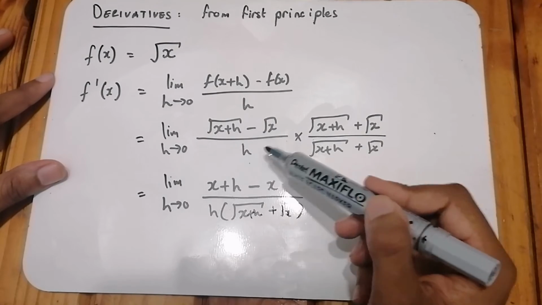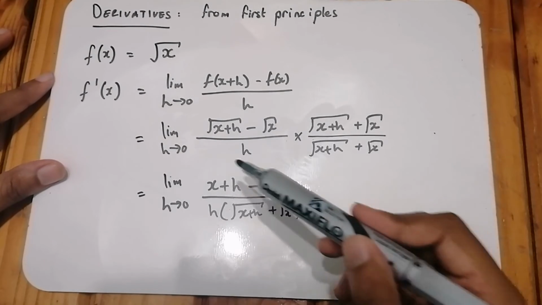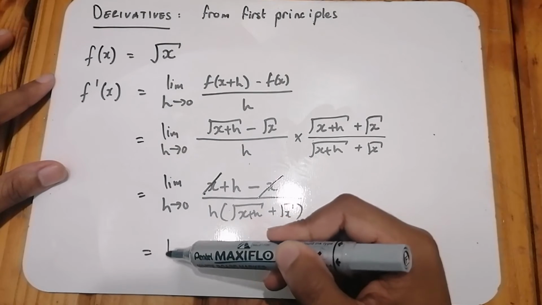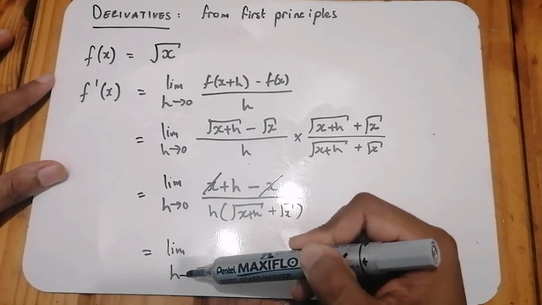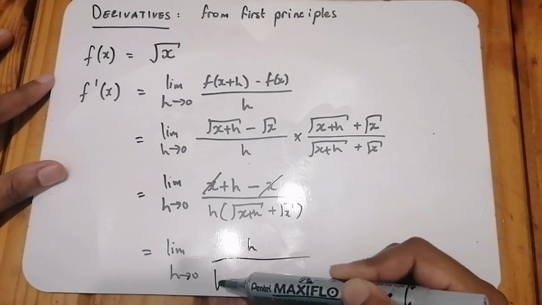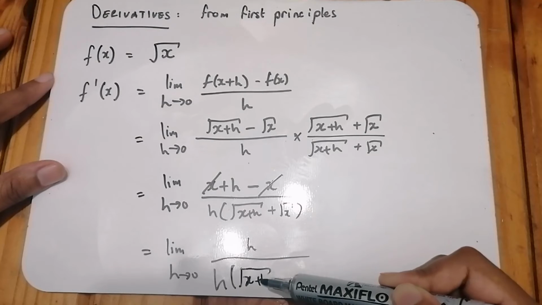So it's basically this h multiplied by that. What happens here is the x and the x cancel. So we are only left with h on top, and this is divided by the h at the bottom multiplied by those square roots.